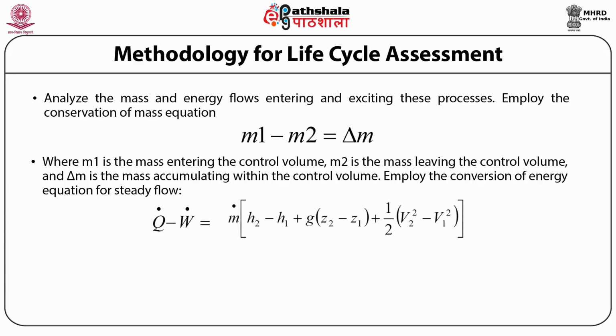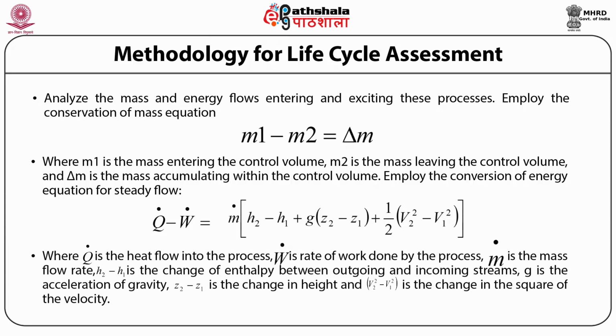Q dot minus W dot is equal to m dot times bracket h2 minus h1 plus g times (z2 minus z1) plus half of (v2 square minus v1 square) bracket closed, where Q dot is the heat flow into the process, W dot is the rate of work done by the process, m dot is the mass flow rate, h2 minus h1 is the change of enthalpy between outgoing and incoming streams, and g is the acceleration of gravity.